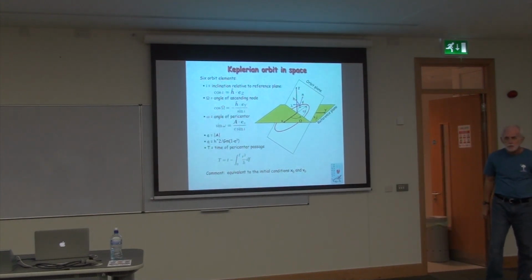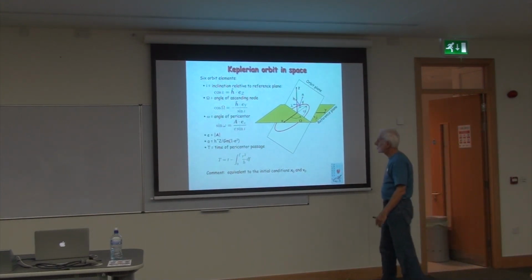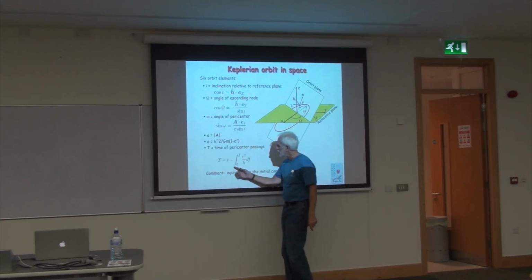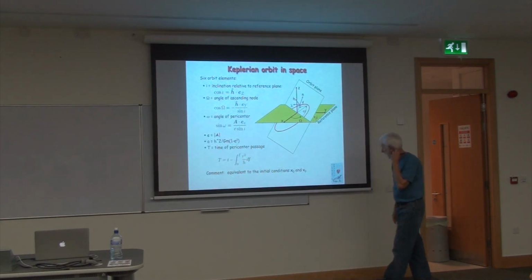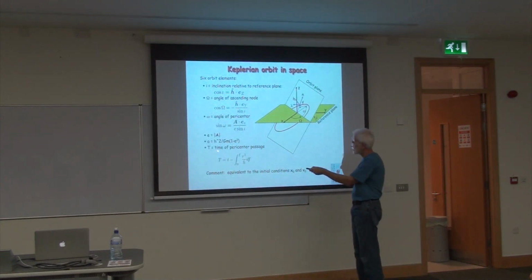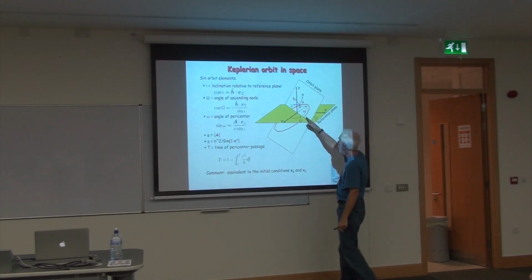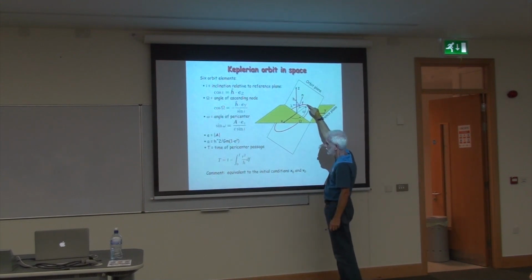And there's a final constant of the motion that we won't really discuss very much, because it's really only important if you're doing actual timing of orbits, and that's the time of pericenter passage. It's the time, in terms of whatever time you're using, at which the orbit passes the pericenter.